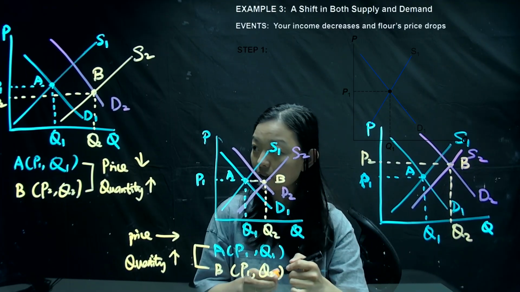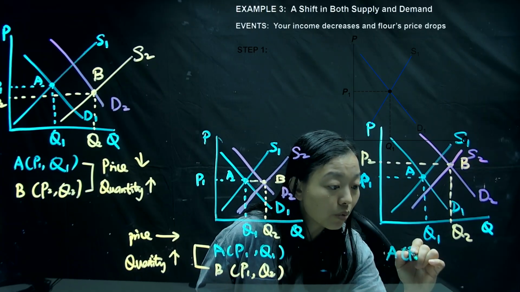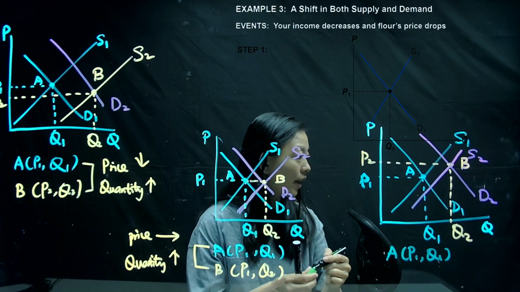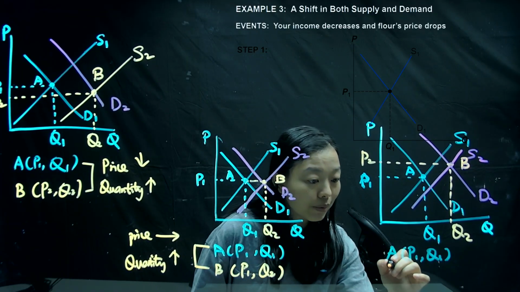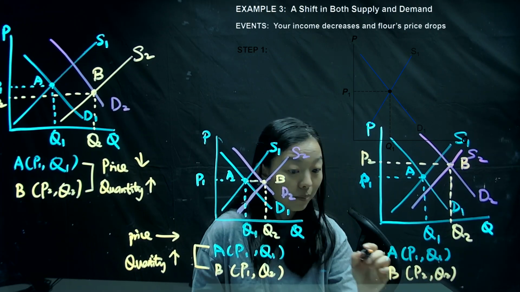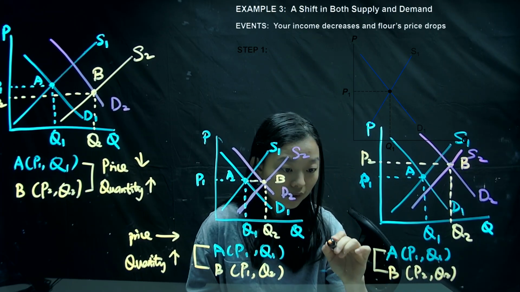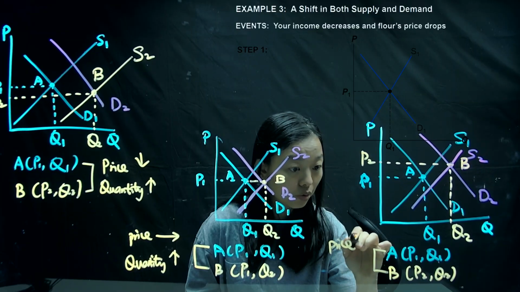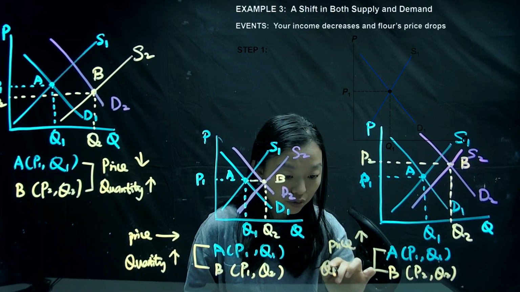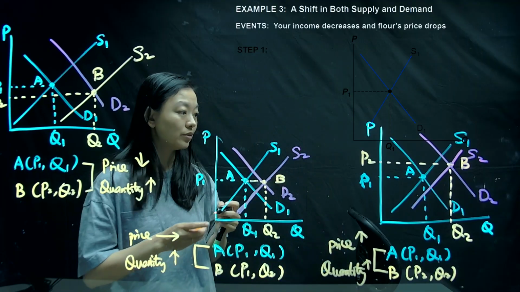So I can write it down here. We have the original equilibrium point P1, Q1, right? And then we will have the new equilibrium point P2, Q2. So compared with these two points, we actually have price increase, right? And quantity increase as well, right?